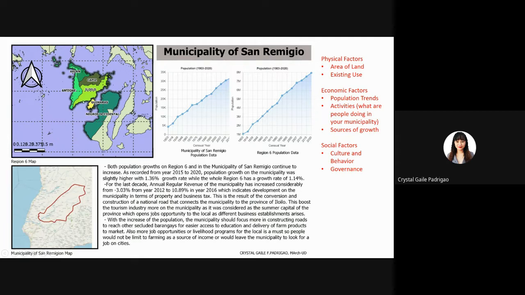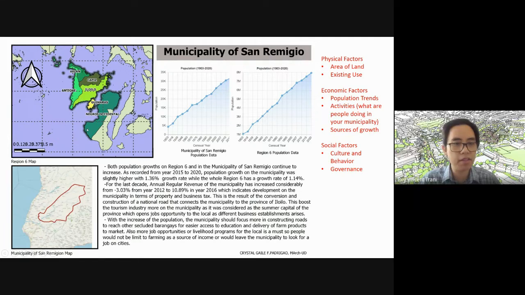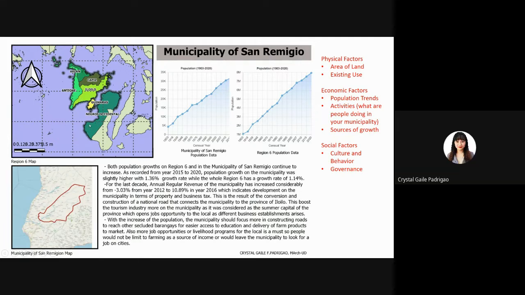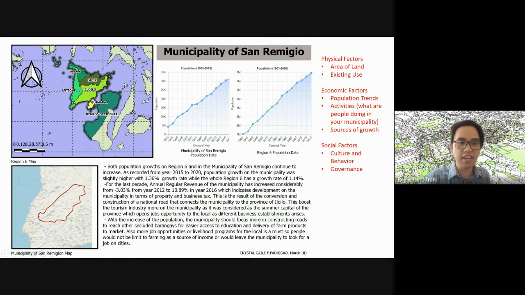Southern part, sir, near Iloilo, next to Panay. Southern part of Antique is San Remigio. Okay, the southern part. Actually, we're in the center. Okay, somewhere here.